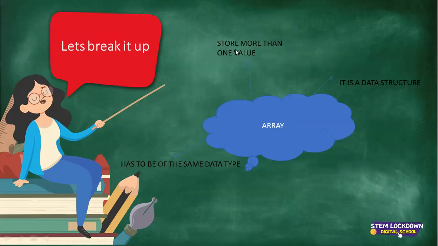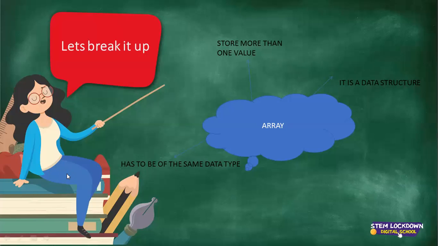It's storing more than one value, to understand the purpose of it. It is a data structure. And finally, for us to note that it has to be of the same data type. Storing more than one value, it is a data structure, and it has to be of the same data type.